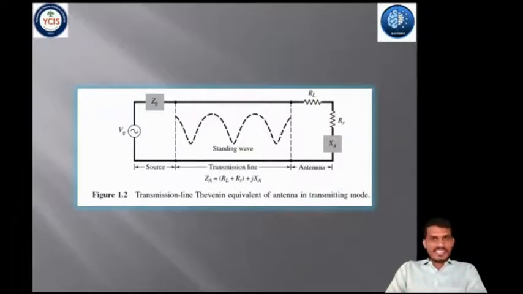Thus, the antenna must also serve as a directional device in addition to a probing device. Okay, that means the antenna can provide a direction to your signal.